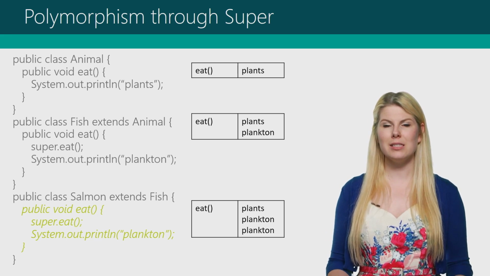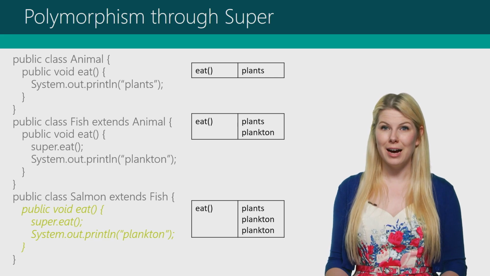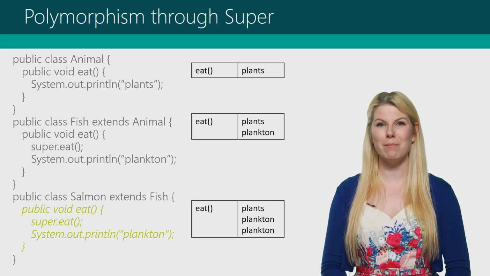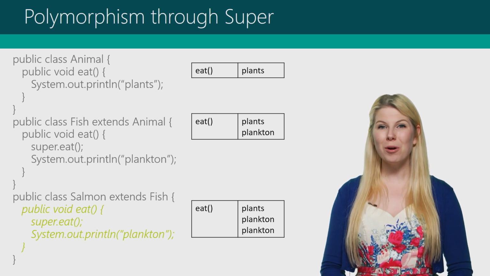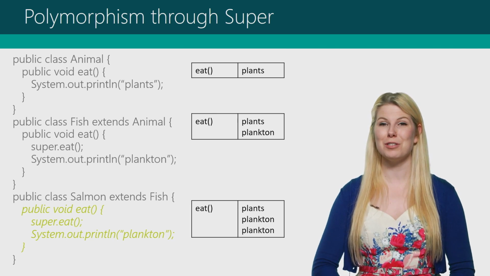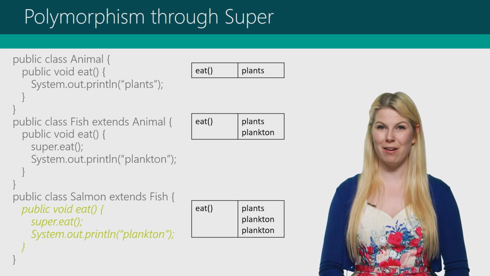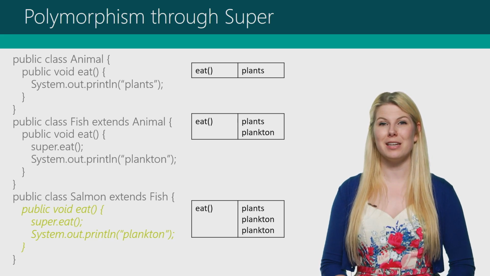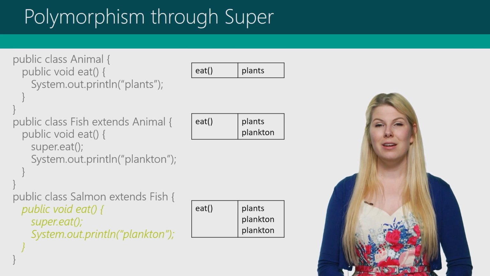It's plants and plankton. And then, because I have inherited that extra println of plankton, I add another one on at the bottom. So it's important to remember that super always refers directly to your parent, and it doesn't just go automatically all the way up the chain. That's why writing tables like this can be super helpful.